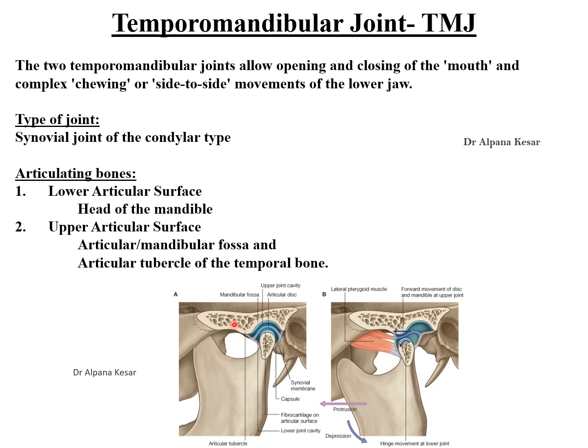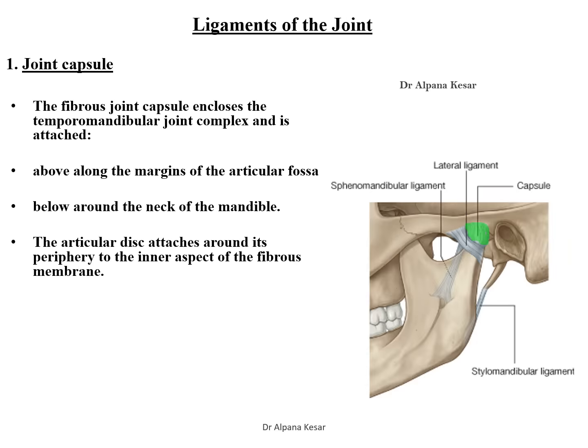In the temporal bone, it is formed by articular tubercle and articular fossa, also known as mandibular fossa. So, articular tubercle and articular fossa of the temporal bone articulates with the head of the mandible to form temporomandibular joint.